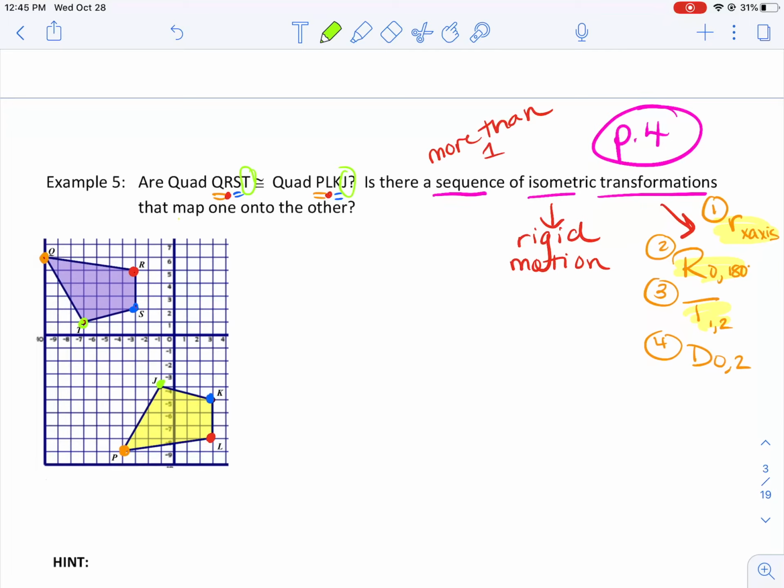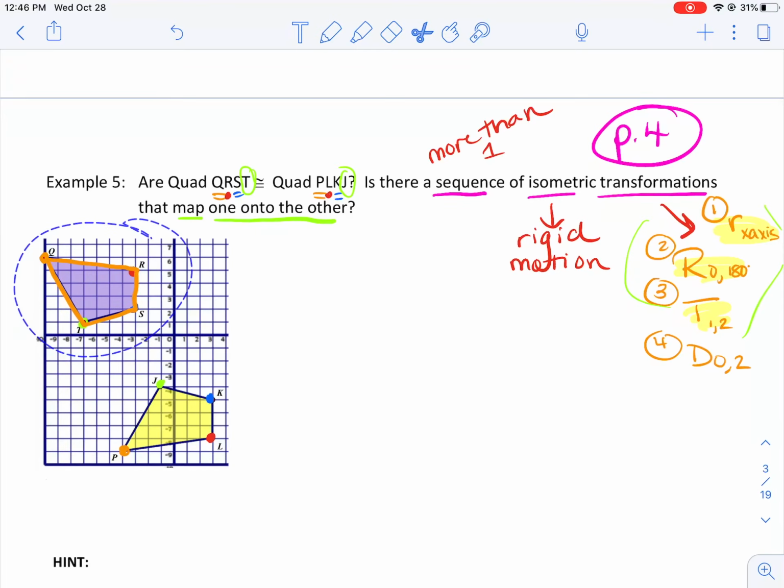So it's asking if these map onto one another. So we want to try to find 2 or 3 things, aka reflection, rotation, translation, that will move one guy to the other. By the power of the iPad, I can sort of fill this in. And what's nice, and you guys don't have an iPad like this, but you do have something equally as amazing called our patty paper.